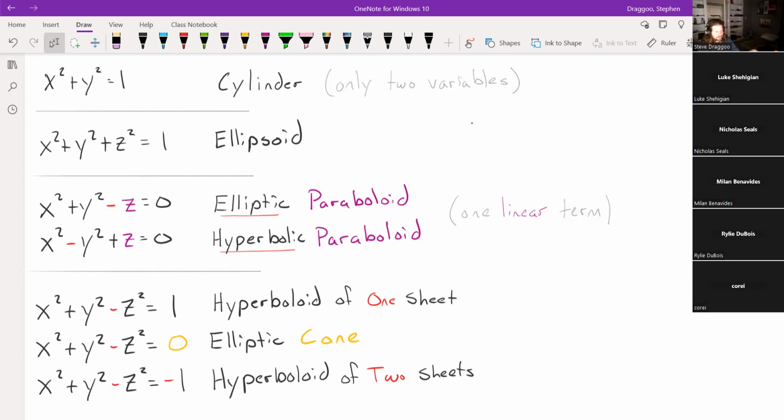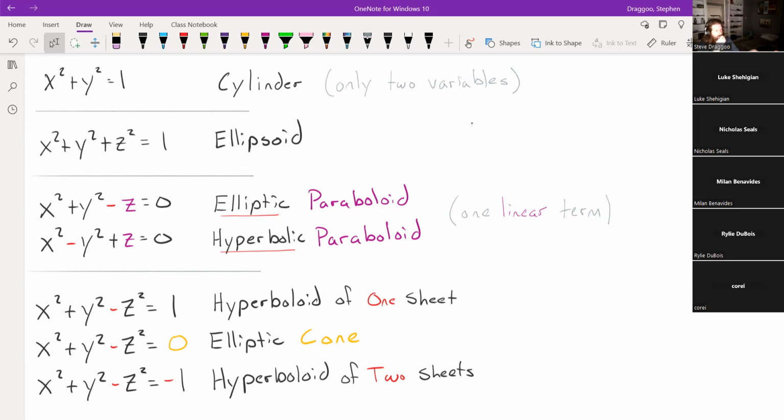And finally, the various hyperboloids that we could have. And I've organized them in the way that I think makes the most sense to me. So I'm also going to think of an elliptic cone as being a special hyperboloid.